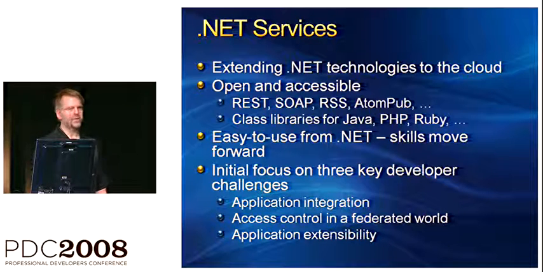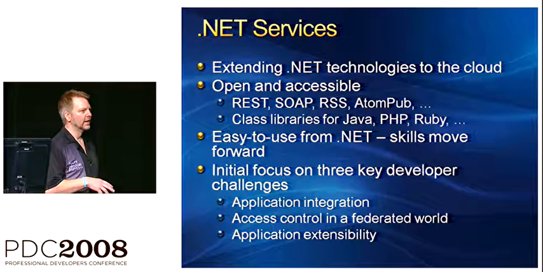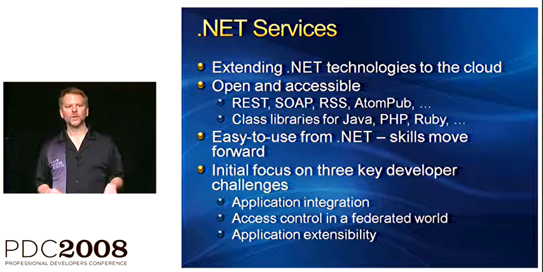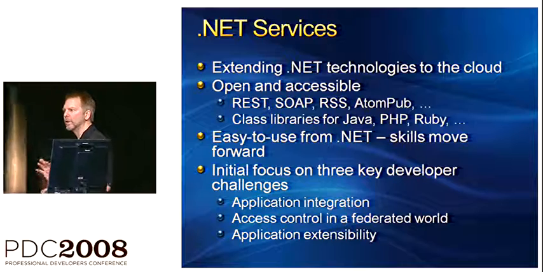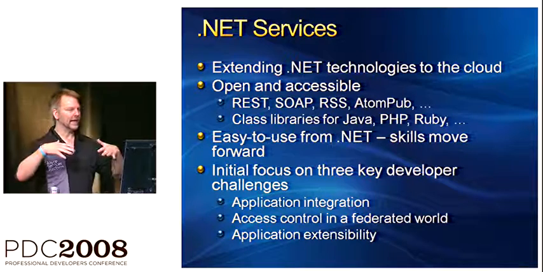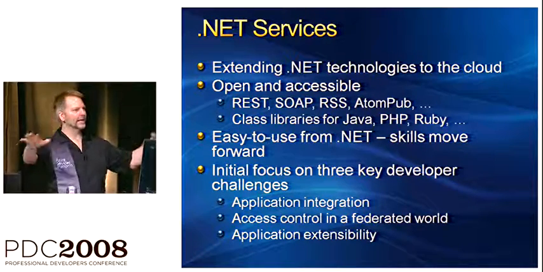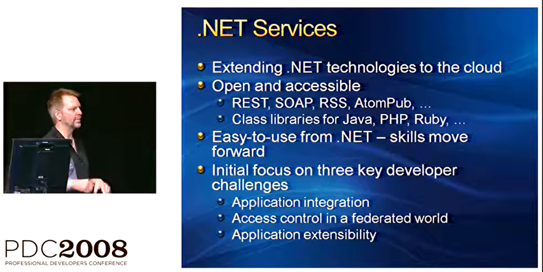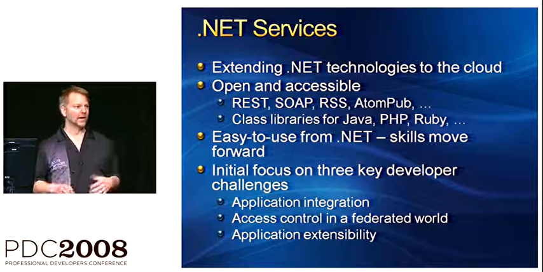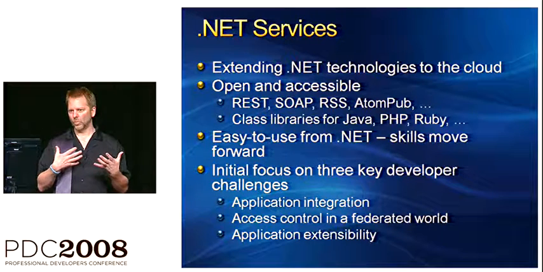To get the project started, we focused on three main areas that developers have told us are pretty challenging. One is application integration. How do you stitch together applications, particularly in a distributed world? How do you make sure that as you're stitching these applications together, the identities required for those applications to function safely work?